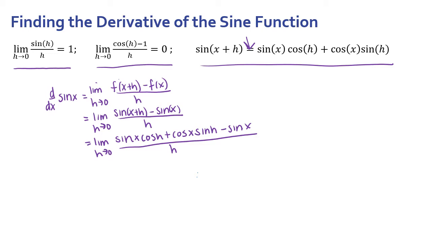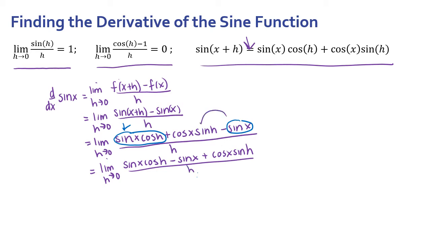What I can see here is I'm going to do some fancy math to get it into a form we can simplify. Notice this term has a sine of x and this term has a sine of x. I'm going to move the sine of x over; all I did is flip the order these were written in, which I can do.